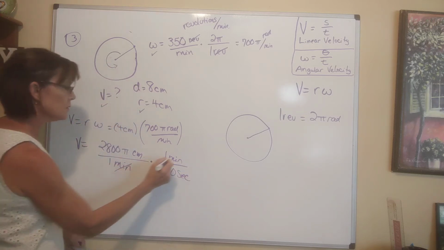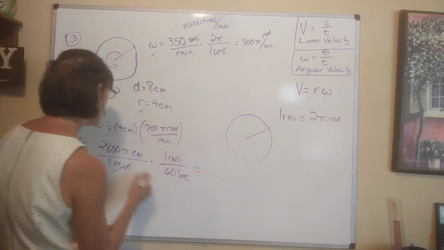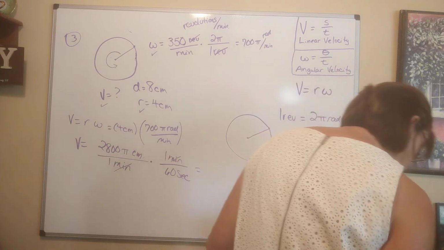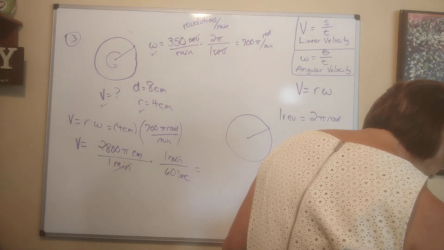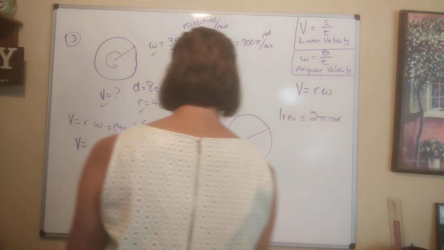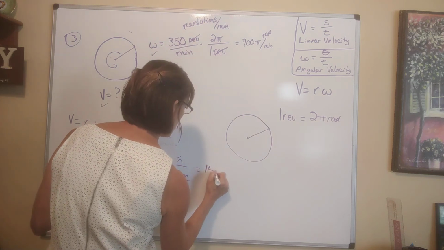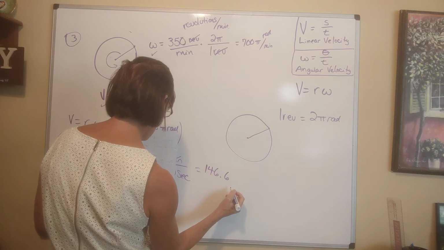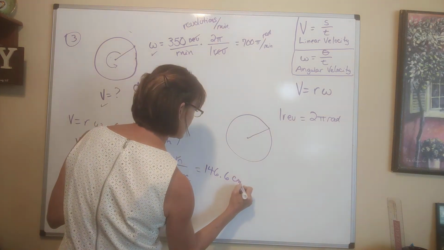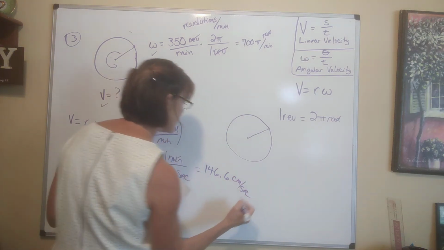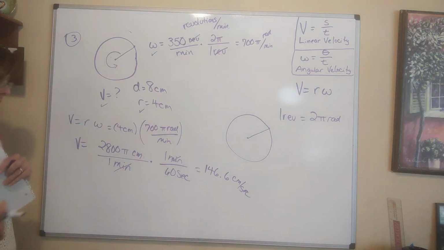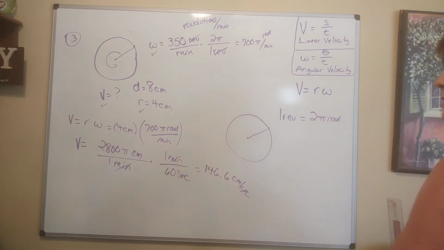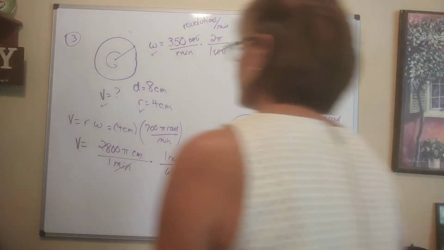So these will cancel, and I will take 2,800 pi divided by 60, and that's going to give me about 146.6, and this is going to be in centimeters per second. If I round to the nearest tenth, when I put that in my calculator, that's what I should get. I'm going to double check just to make sure I haven't written something down wrong.